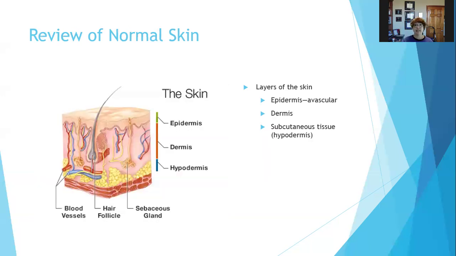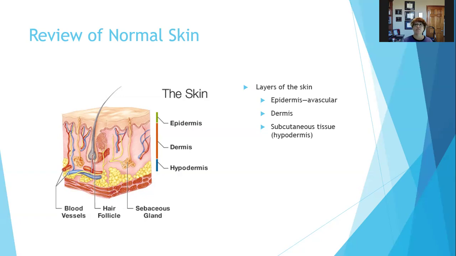So the skin has layers, three main layers, but there are sublayers. The epidermis is the top layer, it's avascular, and the very top layer of the epidermis is actually dead cells, and it sloughs off. The dermis is the middle layer, and that's where a lot of the organs of the skin, hair follicles, sebaceous glands and sweat glands exist. A lot of the blood vessels go through the dermis, as well as sensory endings for peripheral sensory nerves.